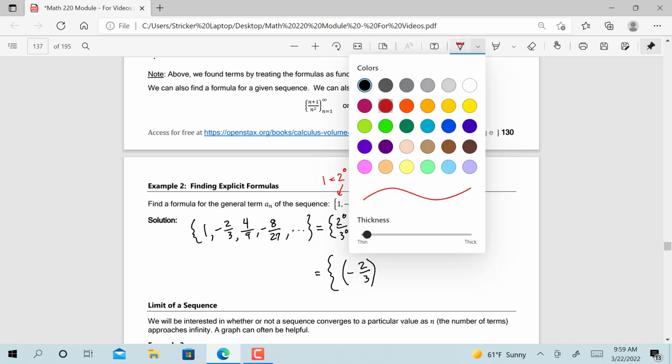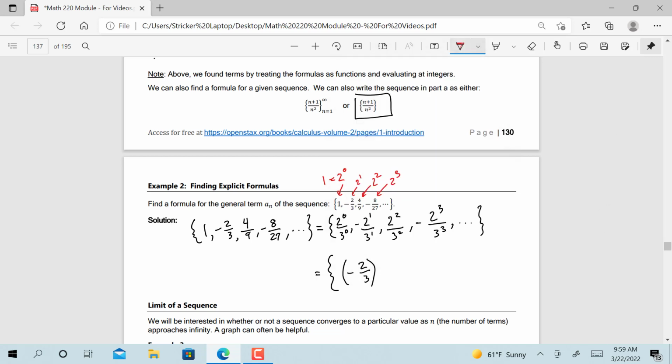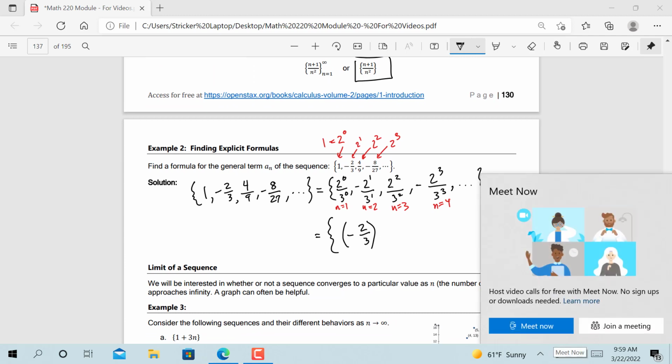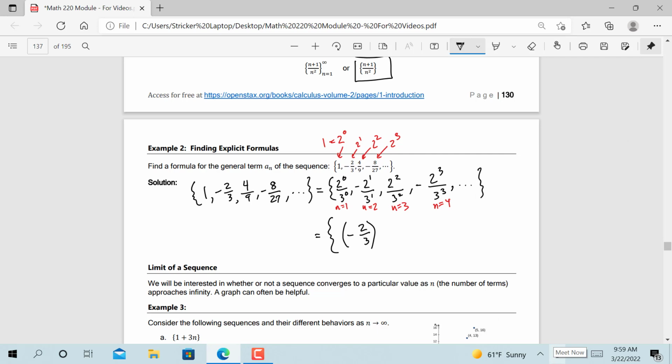Now let's again note here, this is going to be the first term, the second term, third term, and the fourth term. And what you'll see from that is that the powers, 2 to the first, 3 to the first, are always 1 less than the index for the term.